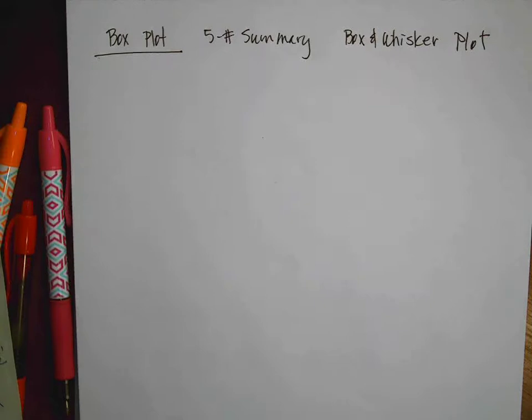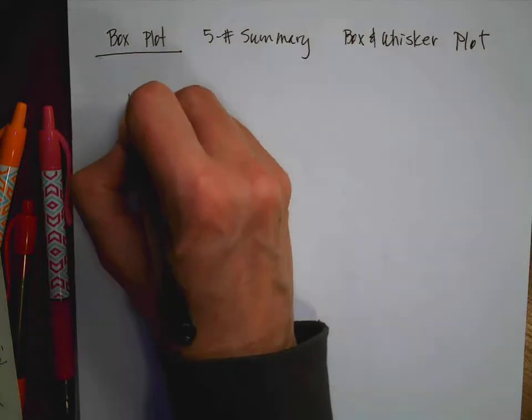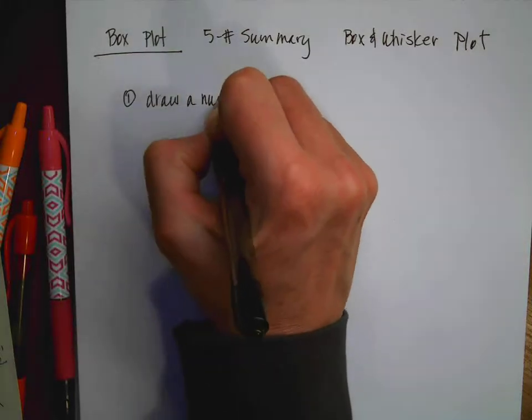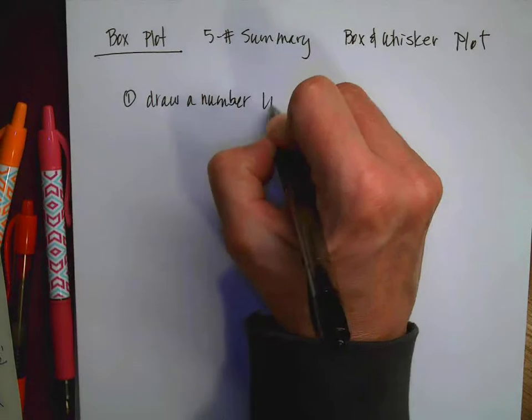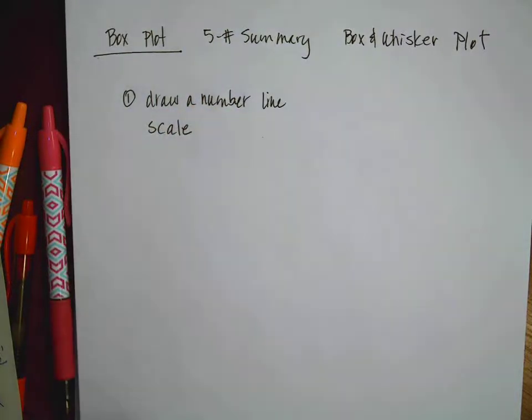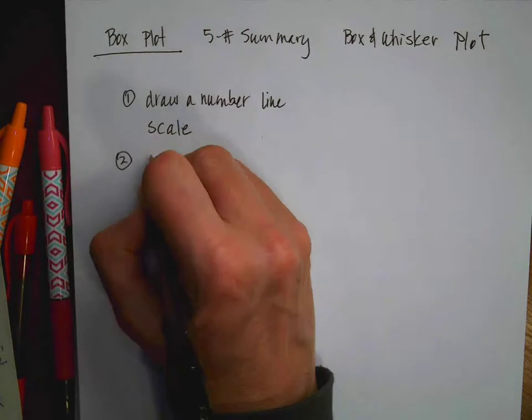Okay, so I'm going to show an example of what one looks like, and then we're actually going to draw the box and whisker plot of the data that we just managed. So with a box and whisker plot, I want to draw a number line, and I have to have a scale, and the scale is going to come from your data, okay?